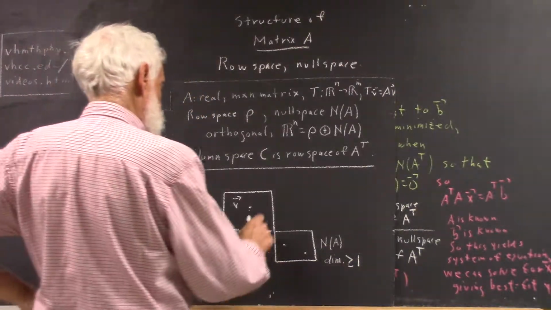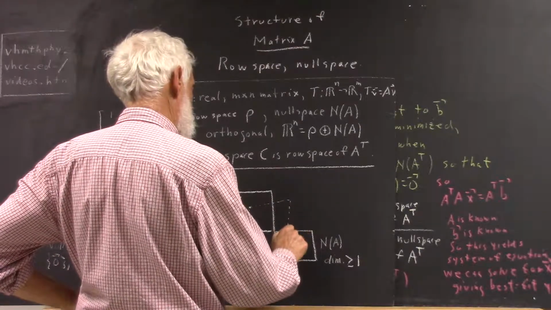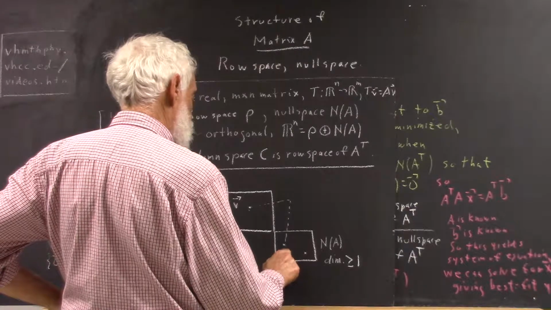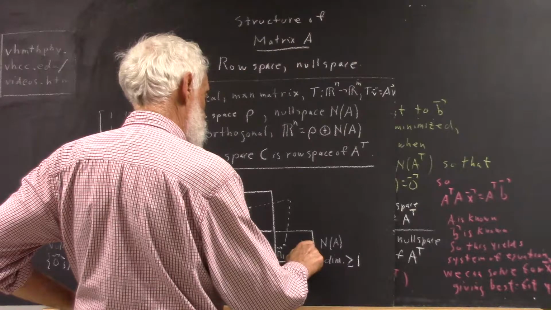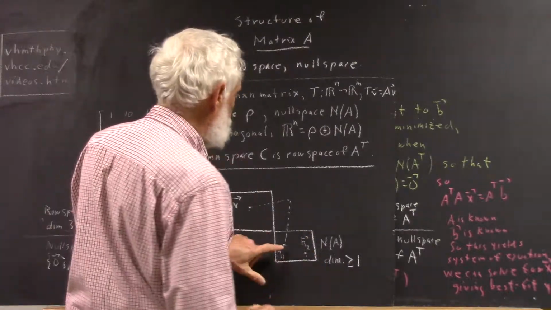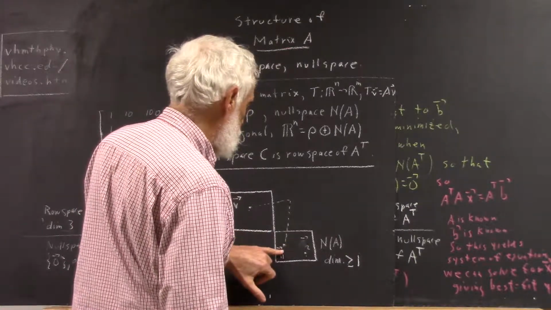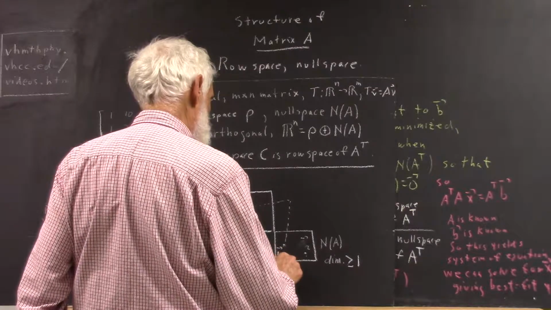So let's call this vector n1 and this one n2, two vectors in the null space. As a matter of fact, I don't like that notation, because n is too easily confused with a dimension.